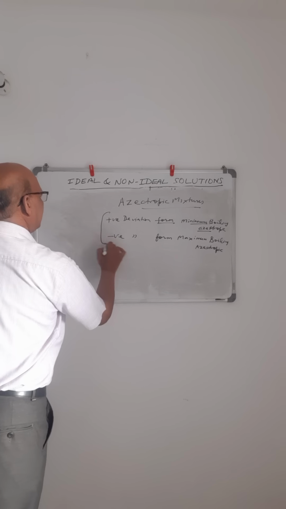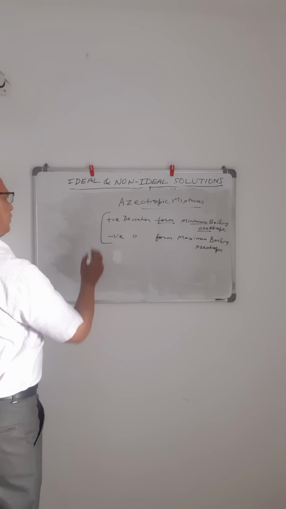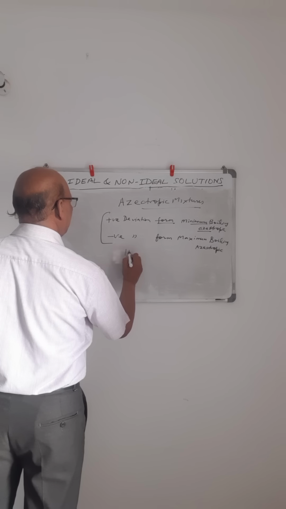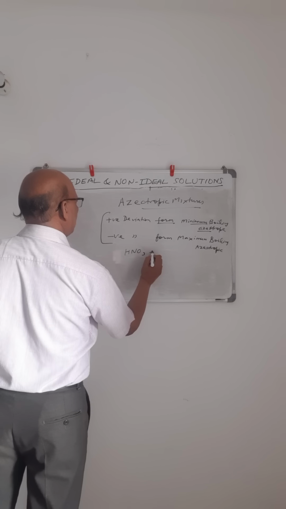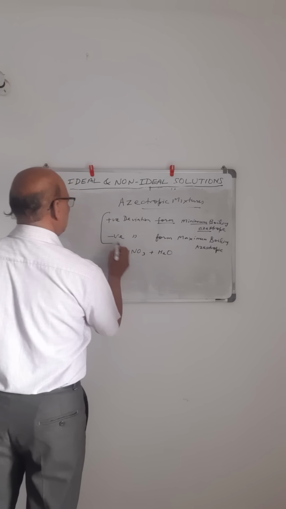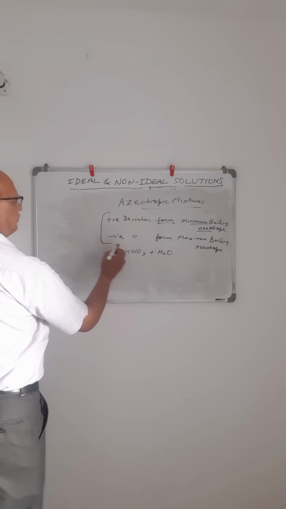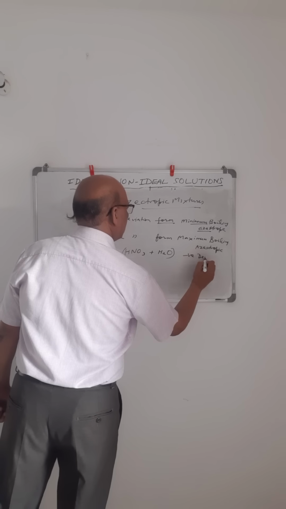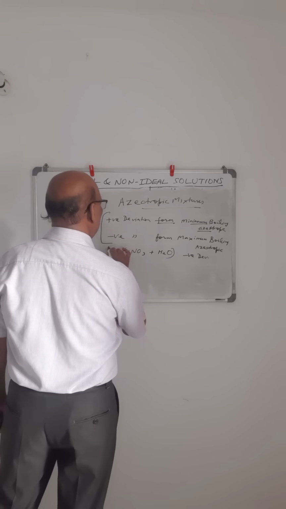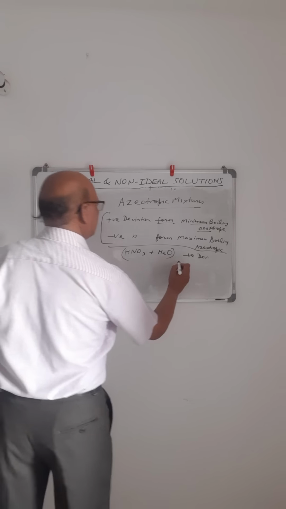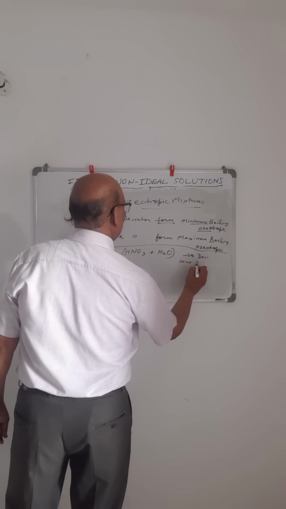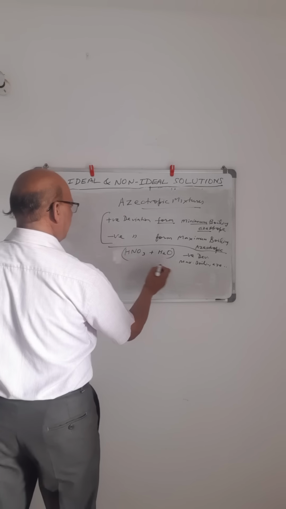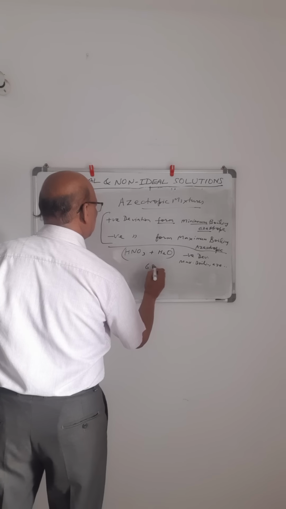Okay, now let us take one example for each. Let us take negative deviation. Suppose I have a mixture of nitric acid plus water. We know that this shows negative deviation, so it will form an azeotrope which will be a maximum boiling azeotrope, at a composition of say 68%.